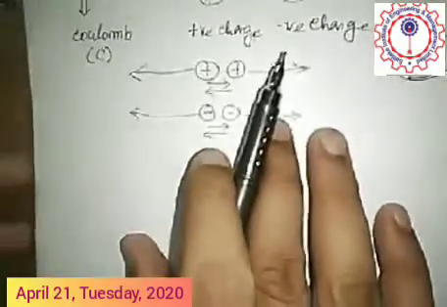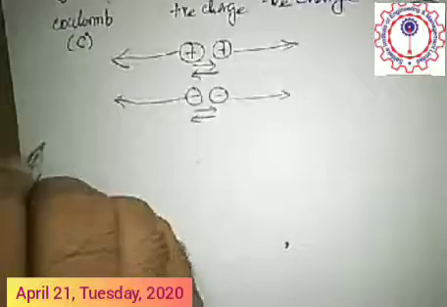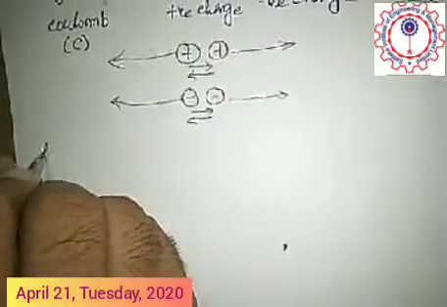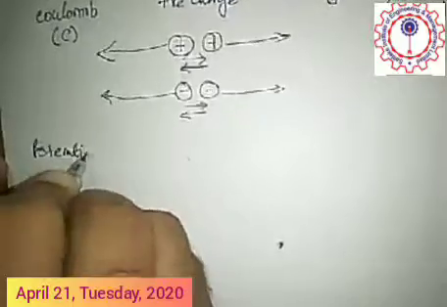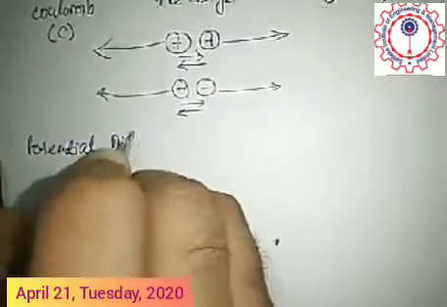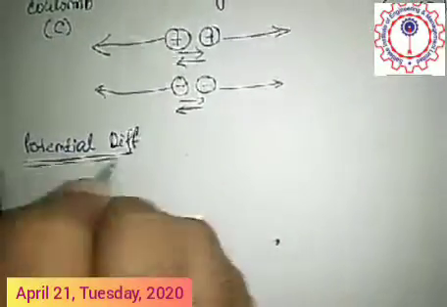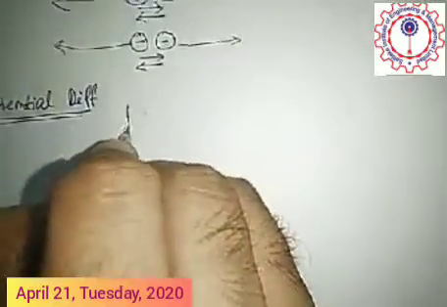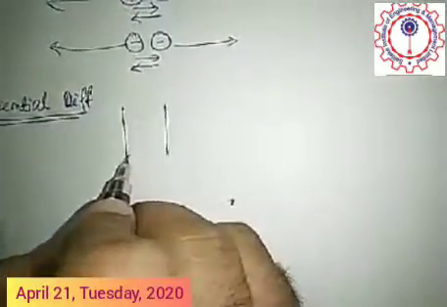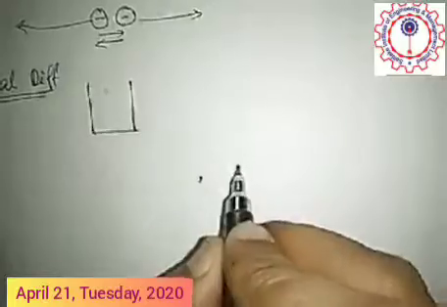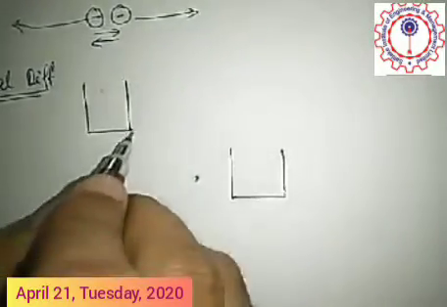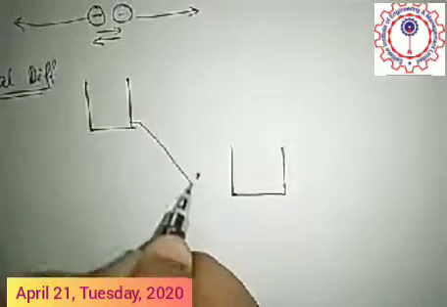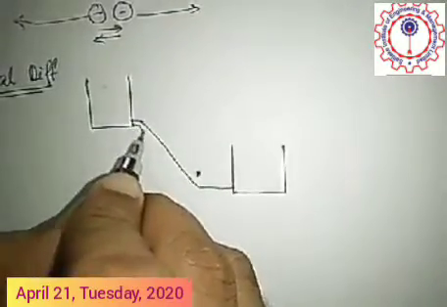So we will discuss the next topic, potential difference. Basically, potential difference we can explain with the help of a water tank. This is the high level water tank and this is the low level water tank, and this is a pipe connection.